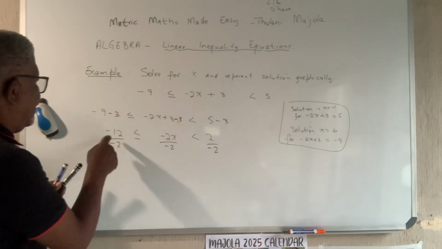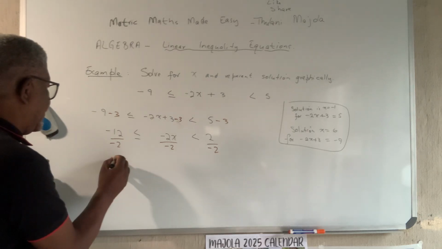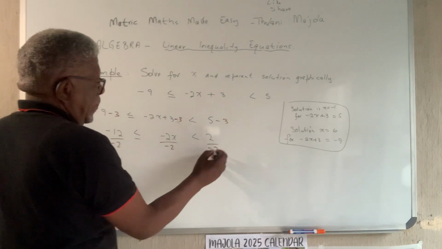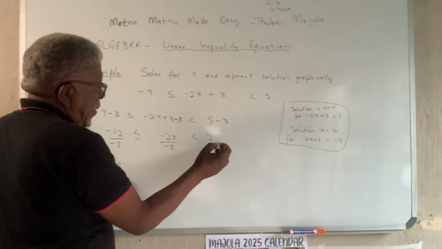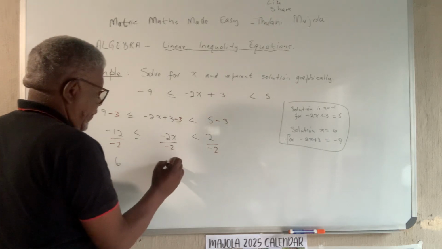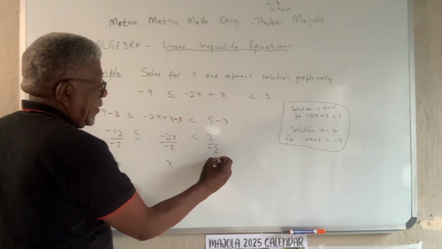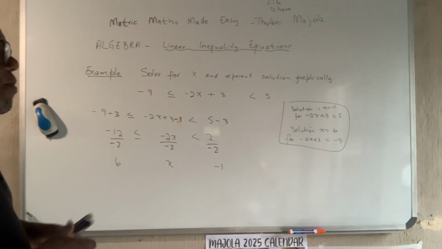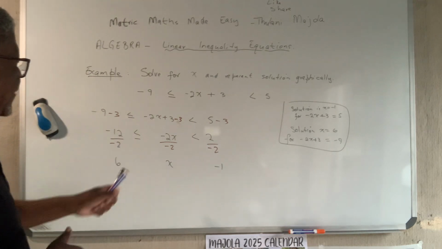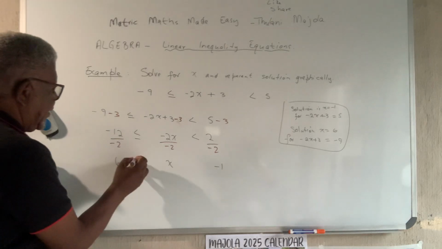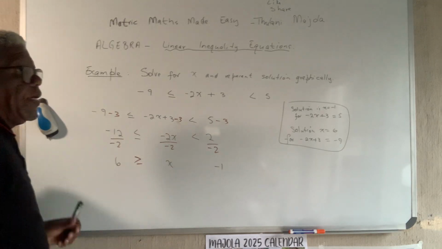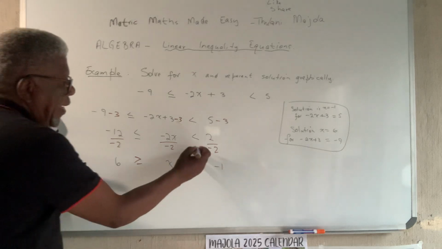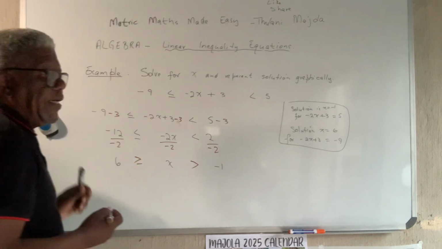Negative 12 divided by negative 2 is a positive 6, and here we're going to have an x, and there negative 1. But when you divide or multiply by a negative, the inequality sign changes. So this sign is changed to greater than or equal to, and similarly this one changes to greater than.